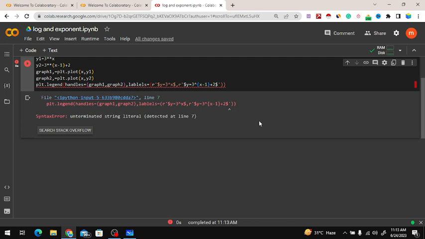Labels should be equal to... So don't worry, I am getting some basic problem. It's not a major problem.